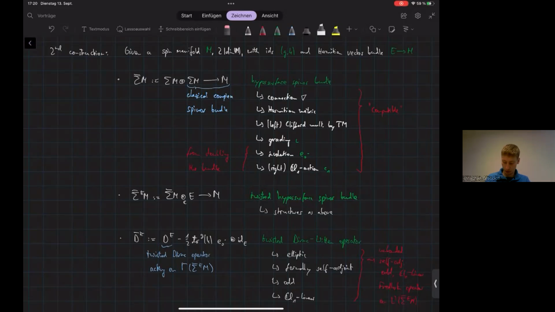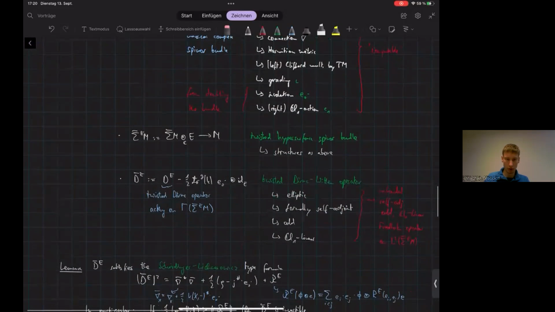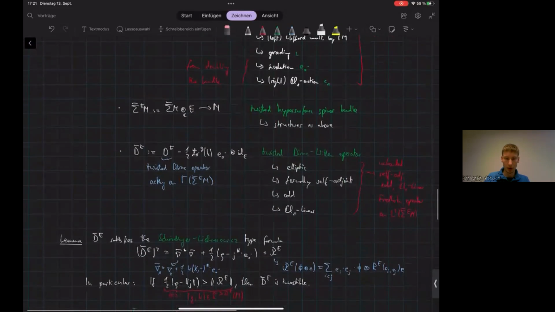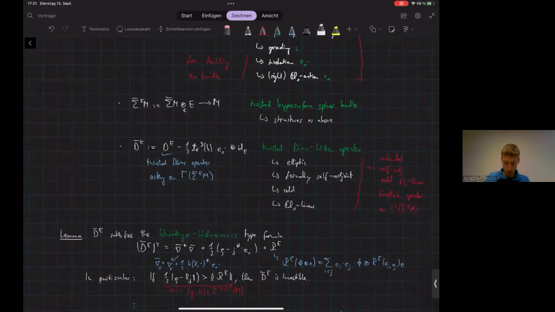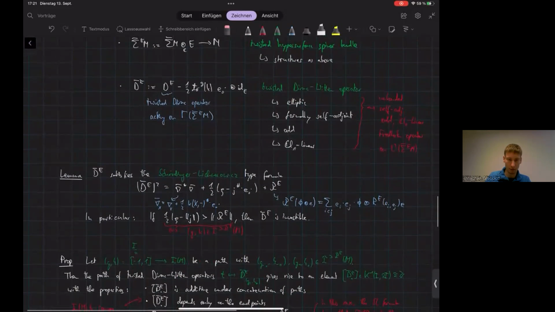Maybe I should say one word about the Dirac-Witten operator. The Dirac-Witten operator was introduced by Witten in order to prove the positive mass theorem or positive energy theorem for spin manifolds.